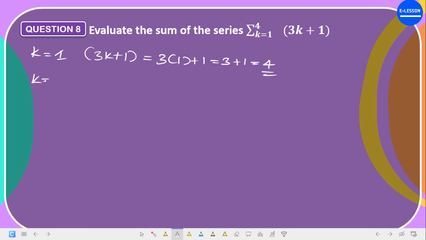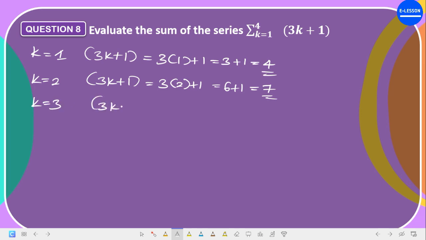Now, the next one is when k is equals to 2. We now have 3k plus 1, and this becomes 3 bracket 2 plus 1. 3 times 2 is 6 plus 1. This is equals to 7. The next one is k is equals to 3, which is 3k plus 1, and this becomes 3 bracket 3 plus 1, and this becomes what? 9 plus 1, and 9 plus 1 is 10.